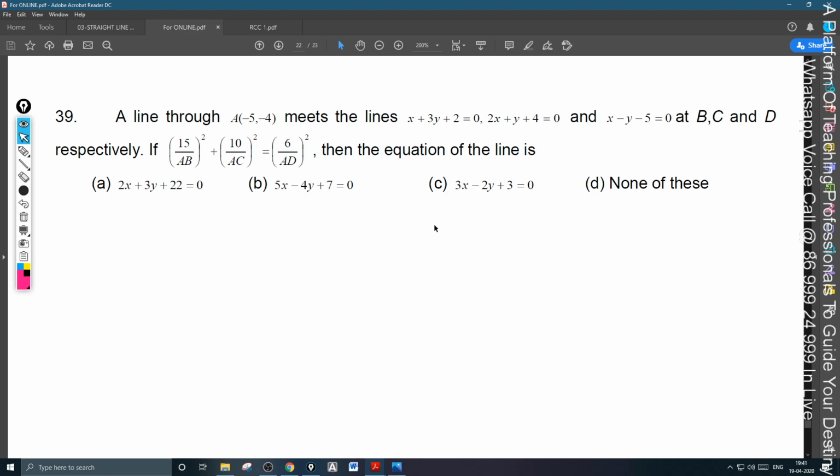What is the point A given? Point A is given to be (minus 5, minus 4). Let us understand the question clearly, and then we have to find the equation of the line passing through A.